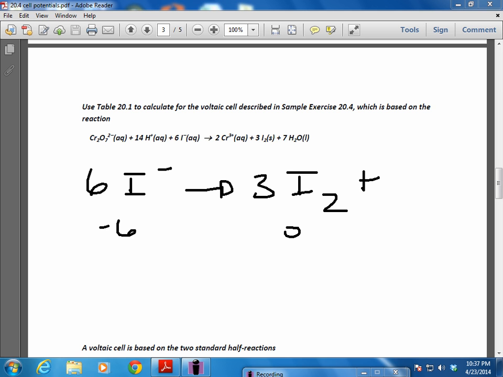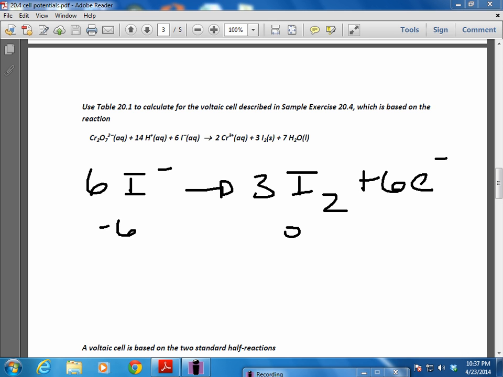So on this side I have to have 6 electrons. So notice how that's different, because now it's not being reduced, it's being oxidized because it's losing 6 electrons altogether. If you look at the standard reduction potential and think about what iodine looks like, its reduction potential is 0.54.